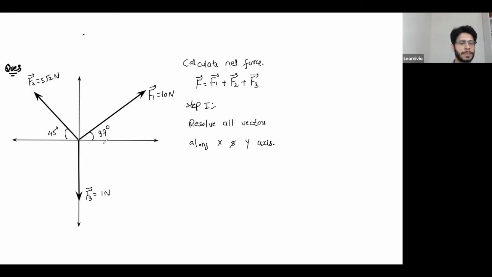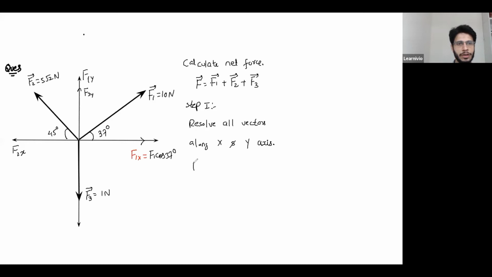So this is force F1. The component of force F1 along x-axis is F1x, and this F1x will be F1 cos 37. The component here is F1y. The component here is F2x. And the component here is F2y.